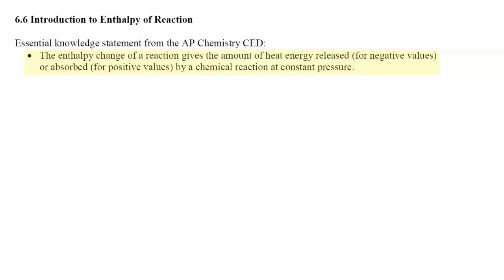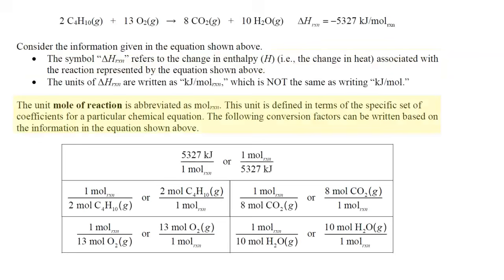Now in my video for topics 6.6 to 6.9, in topic 6.6 it says the enthalpy change of a reaction gives the amount of heat energy released for negative values, or exothermic processes, or absorbed for positive values, or endothermic processes, by a chemical reaction at constant pressure. So in that video, I talked about the concept of mole of reaction.